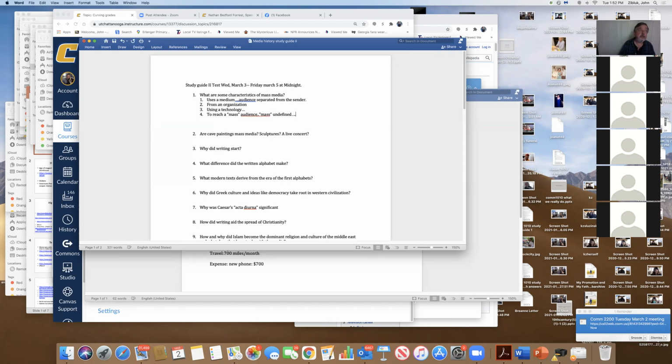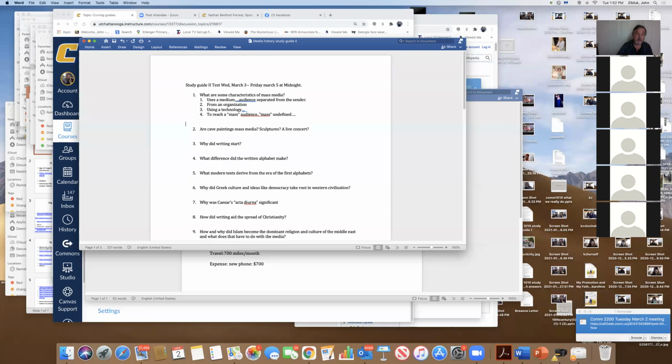I mean, the point is, it's not a text from your mother. It is a mass audience. A church newsletter, for example, uses a medium, the newsletter, from an organization, the church, and a technology. Yes, it's either online or it's paper or print. Mass audience, even if your congregation is small, that's probably a mass audience.